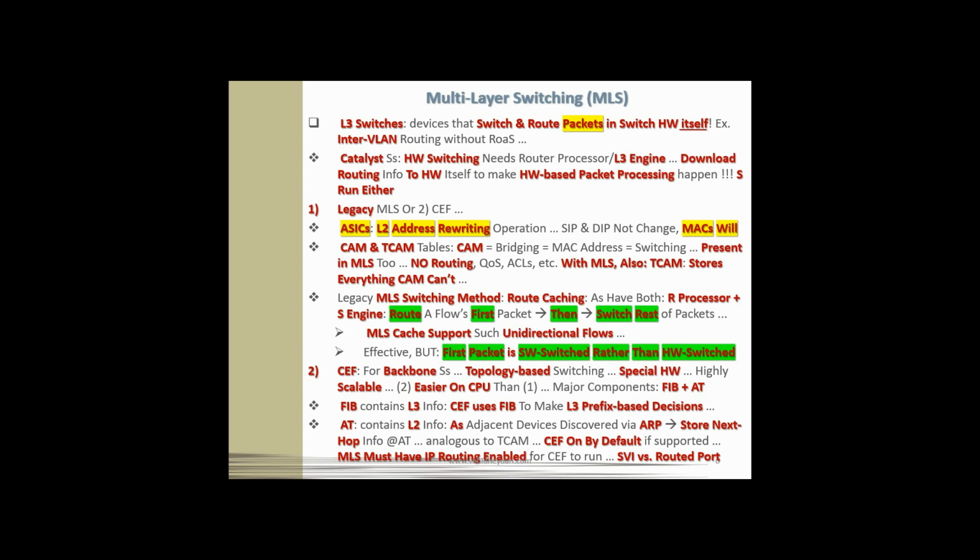With route caching, the first MLS switching method, devices have both a routing processor as well as a switching engine. So we still need both engines. The routing processor routes a flow's first packet.